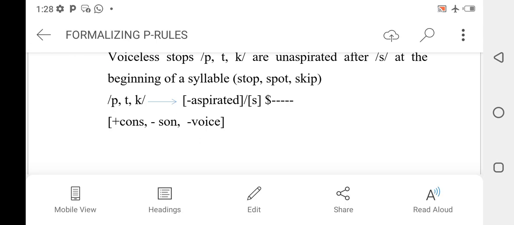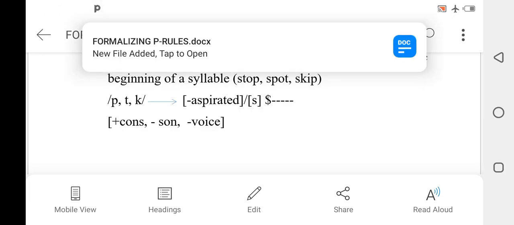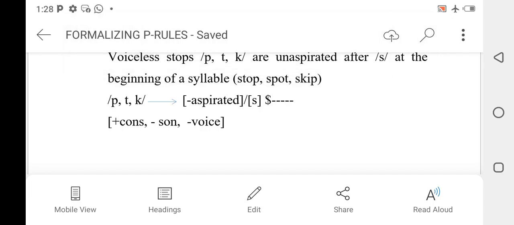So it is at the syllable initial position. Now, in that initial position there could be plus consonant, that's the S. The letter S sound has these features: plus consonant, minus sonorant, minus voice.